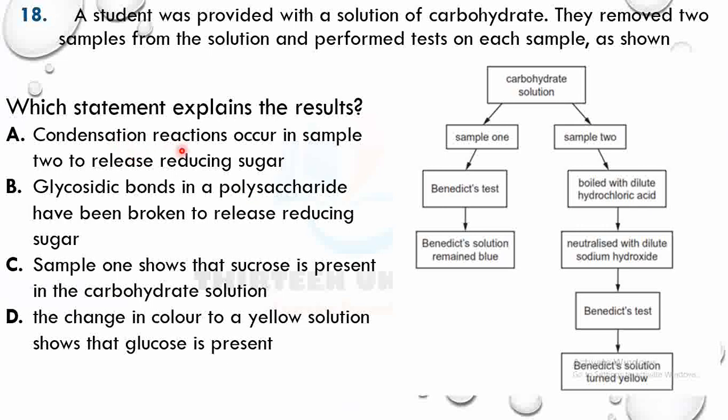Condensation reaction occurs in sample 2 to release reducing sugar. No, condensation reaction joins the sugars. It does not release them. Glycosidic bonds in a polysaccharide have been broken to release reducing sugar. Yeah, this makes sense. When you boiled it, we broke the bond and released reducing sugar. That was why we got yellow.